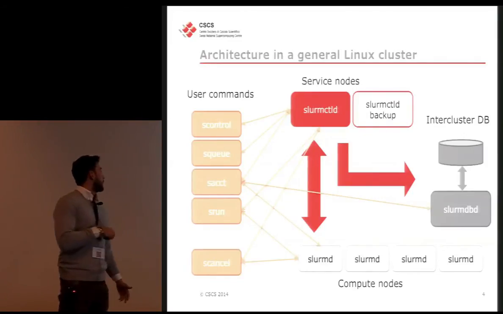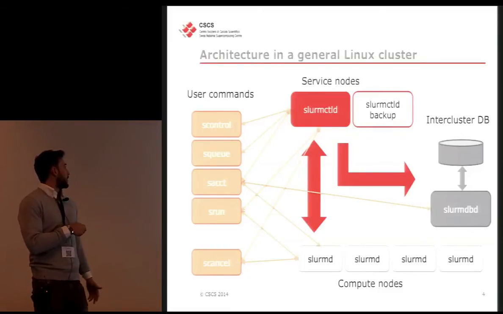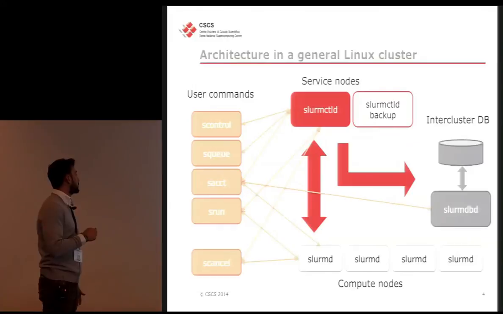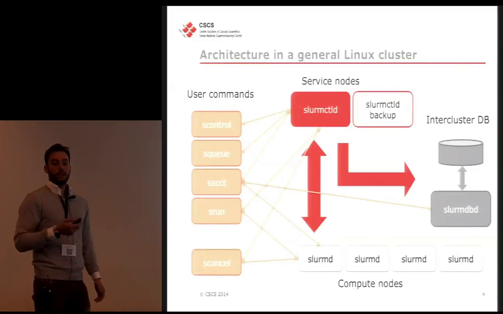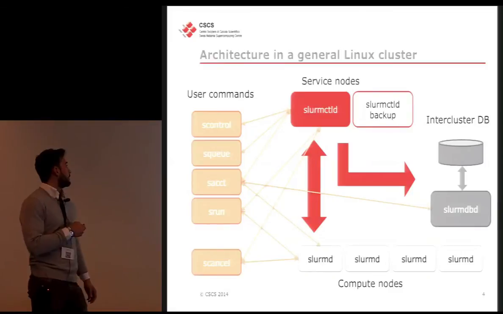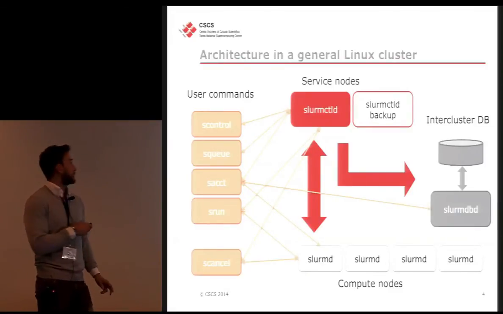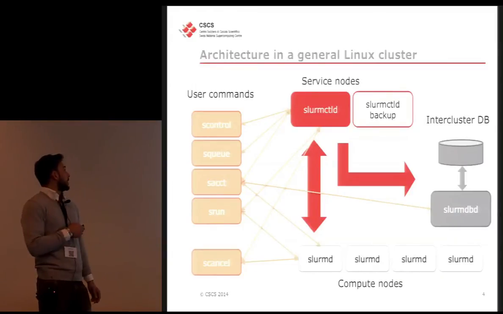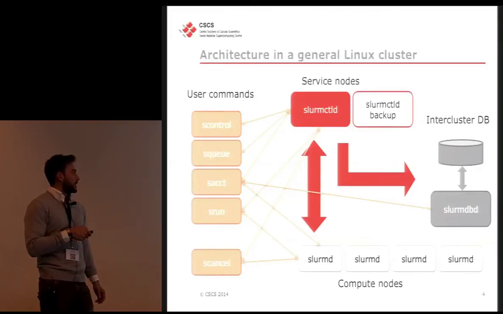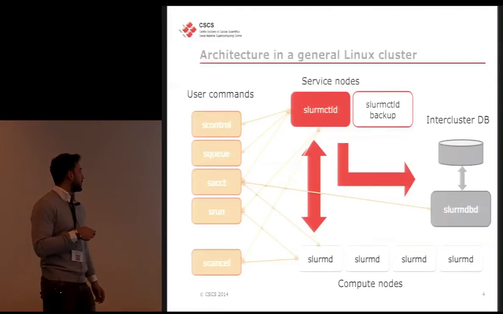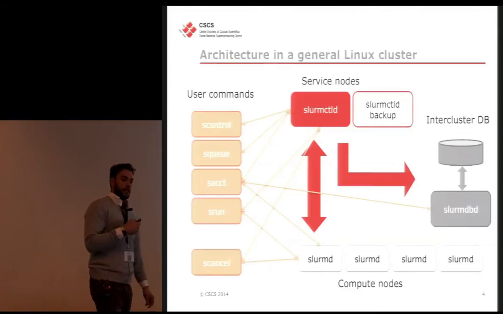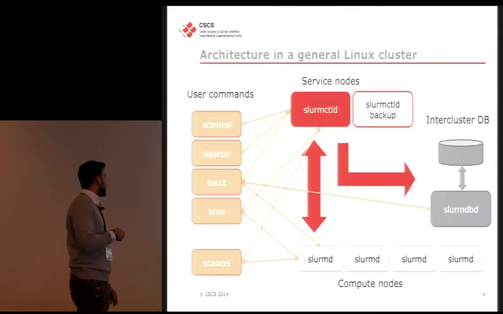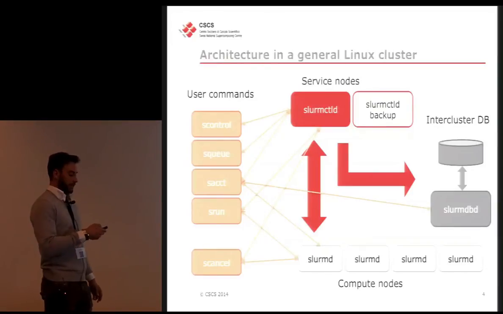On the left side, we have all the user commands that we need for using it. scontrol is the most used command for administration. Basically, it's the Swiss knife of SLURM. With squeue, we can see the status of the queues. sacct talks directly with the SLURM database, so we can query the database through this command. srun is the command for executing jobs, and then scancel, plus we have other commands.